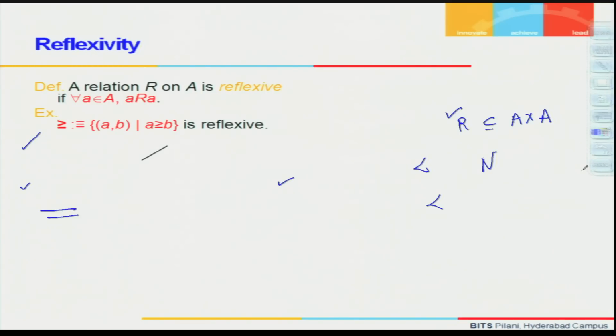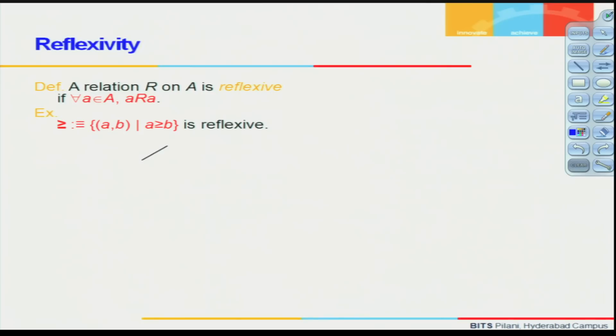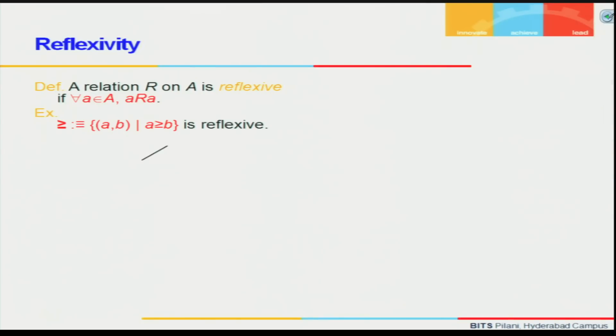Having defined relation on a set, we will see what reflexivity means. Say R is a relation on set A, then R is a subset of the Cartesian product A cross A. I call R reflexive if (A, A) belongs to R for all the elements of A. If this condition is satisfied, I say R is a reflexive relation.